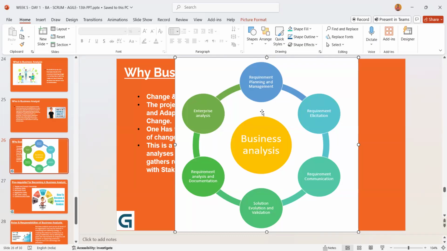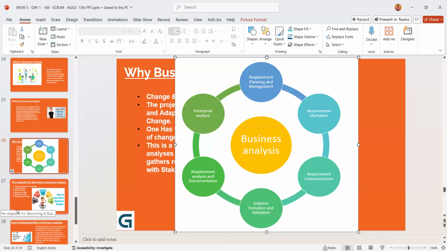It's not evaluation, it's evolution. The requirement has evolved, it has already been validated, and the solution is validated. So when we are validating, we are evaluating as well.